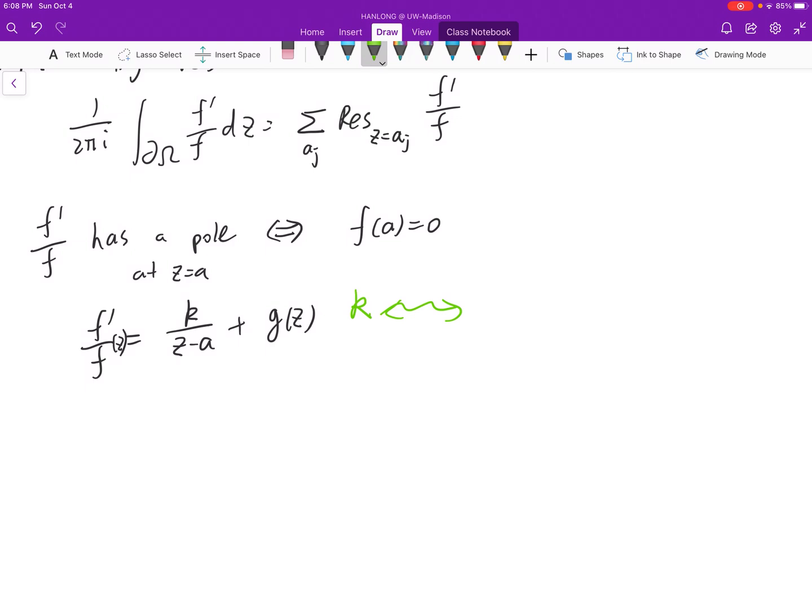let me write f(z) equals (z minus a) to the k's power times h times g, so this k here corresponds to the k here.